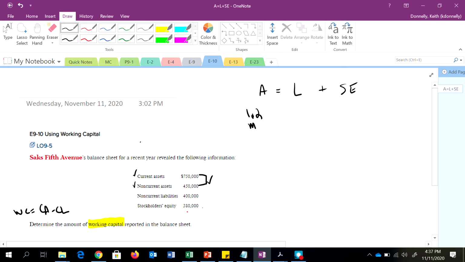Those are taken care of. We know our stockholders' equity equals 380,000. With regard to liabilities, we know our non-current liabilities equal 400,000. What we're missing here is our current liabilities.